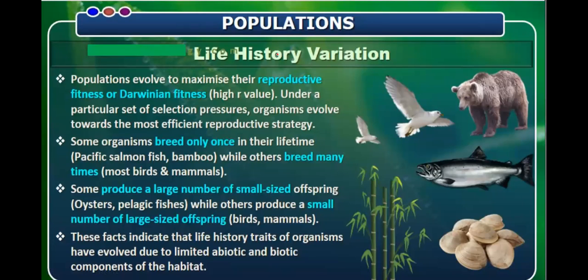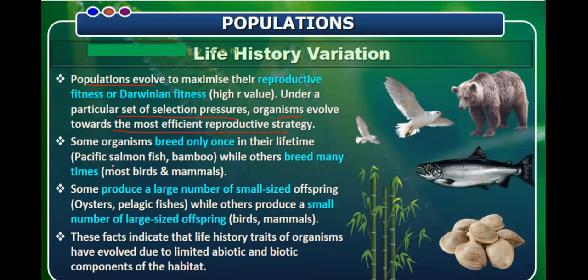Life history variation. Populations evolved to maximize their reproductive fitness, or Darwinian fitness, with a higher r value. Under a particular set of selection pressures, organisms evolved toward the most efficient reproductive strategy. Some organisms breed only once in their lifetime.